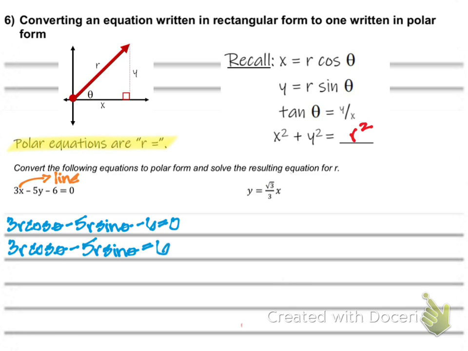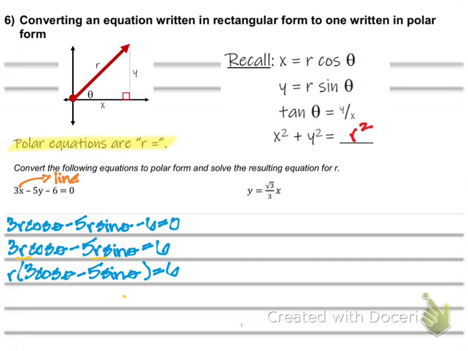Again, I want to solve for r, which is a common factor. I have an r in each term, so that means I can factor it out. r times 3 cosine theta minus 5 sine theta is 6.